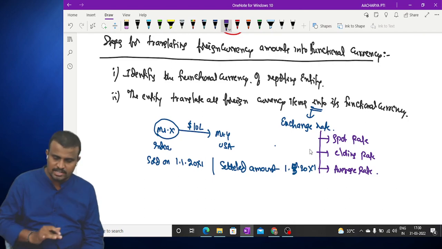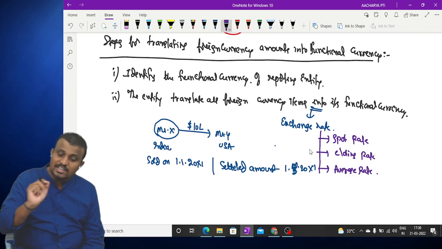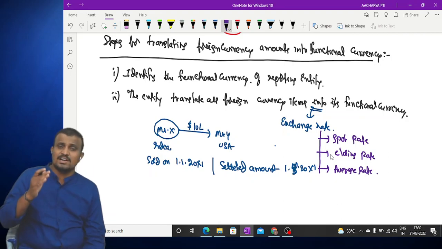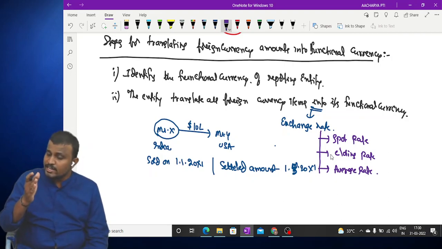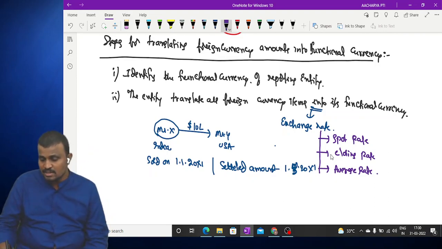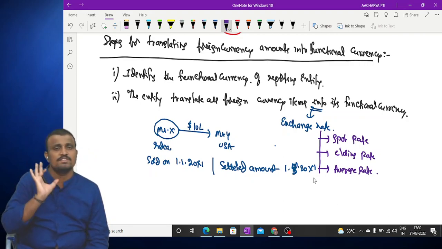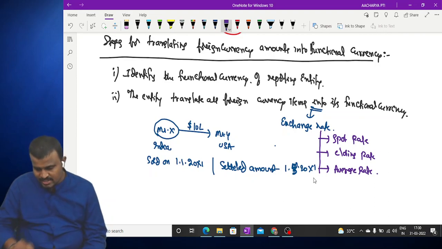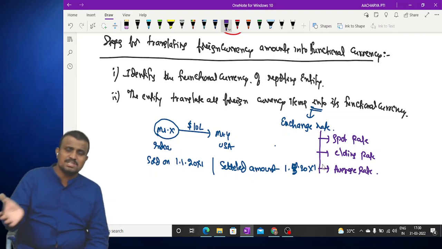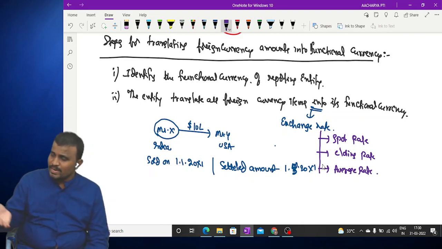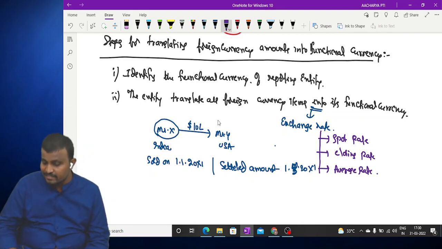The closing rate is the rate available on the date of closing or preparing the financial statements. Average rate is the opening rate plus the closing rate divided by 2.